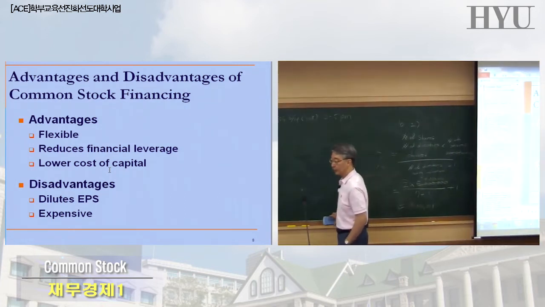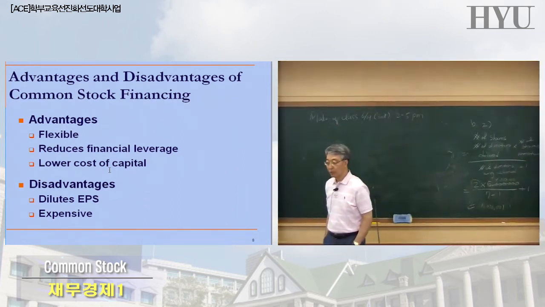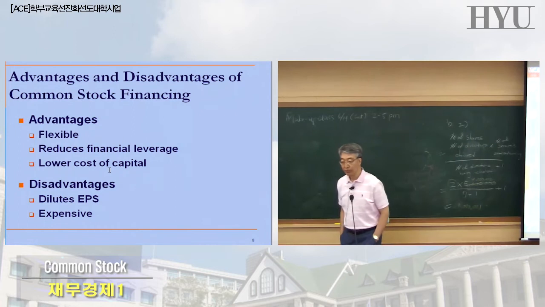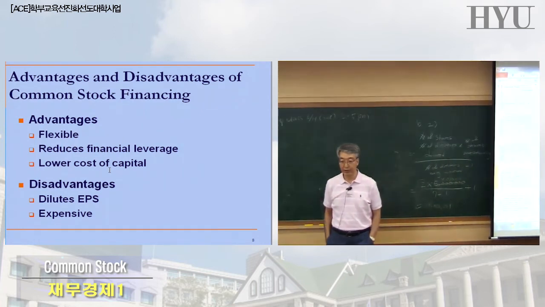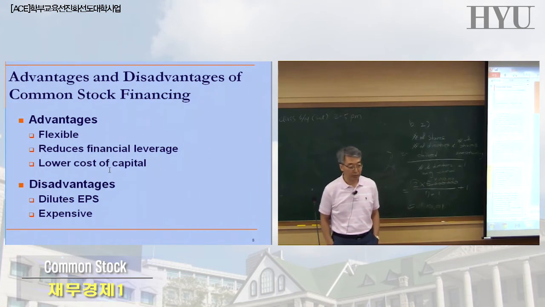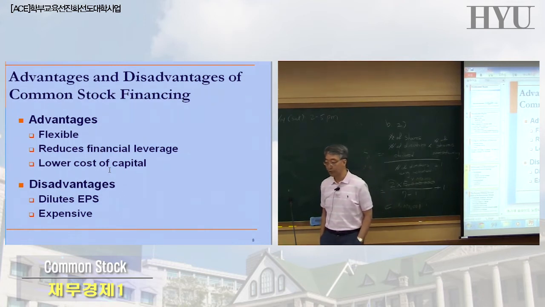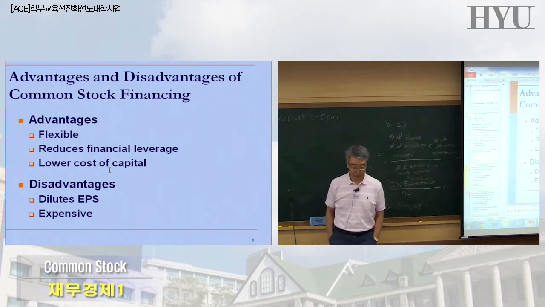You are supposed to pay the interest payment every 6 months. Or if you issued preferred stock, it is just like a debt, right? So every quarter you are obligated to make the dividend payment, okay? But with the common stock, you don't have to. It's very flexible. If you have a lot of profit, you can decide to distribute the profit through dividends. Otherwise, you don't have to, okay?